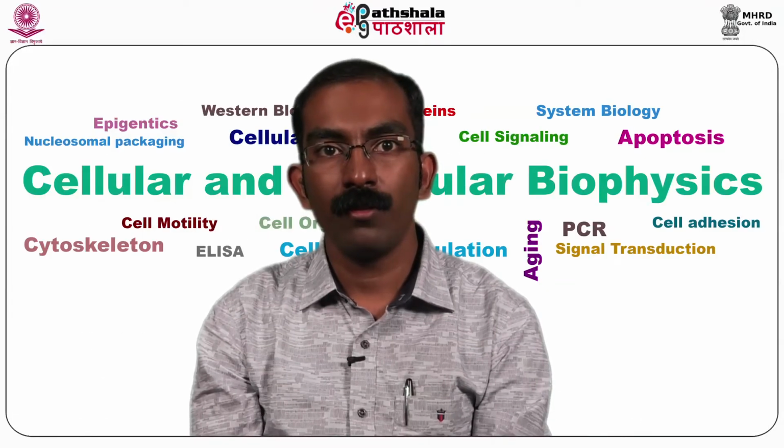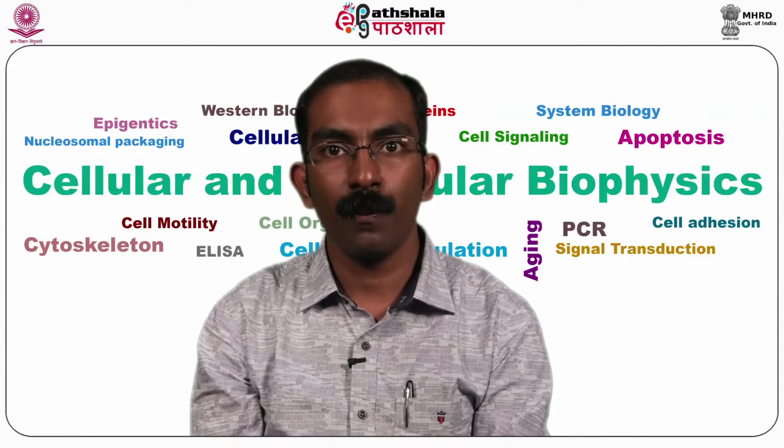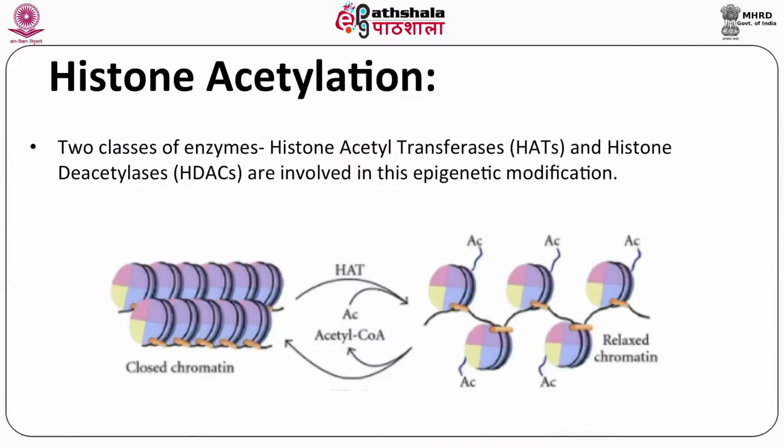Eukaryotic DNA is restricted in its accessibility to transcription factors. This is because of the compaction and packing of the DNA, which is mediated by the histone proteins. In this image, you can see the action of histone acetyltransferases on histones.